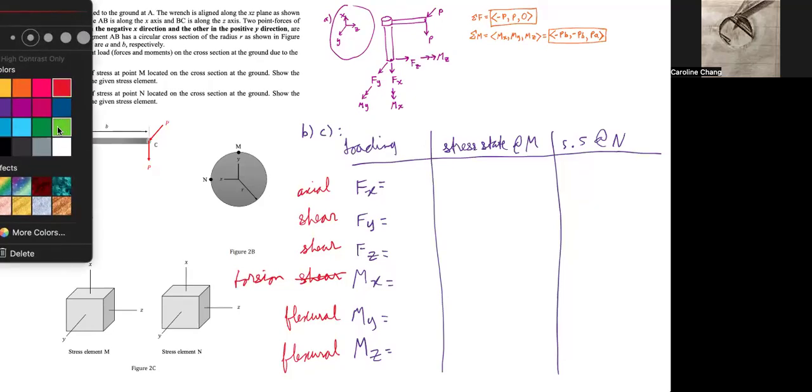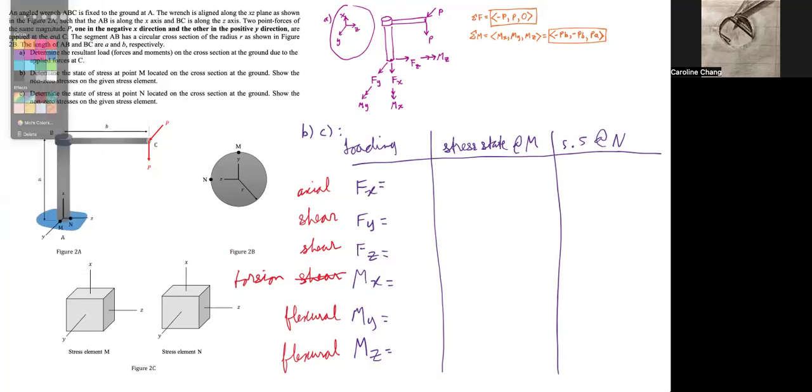So remember that F of x is equal to negative P, and the stress is given by the axial stress formula, sigma x equals force over area.